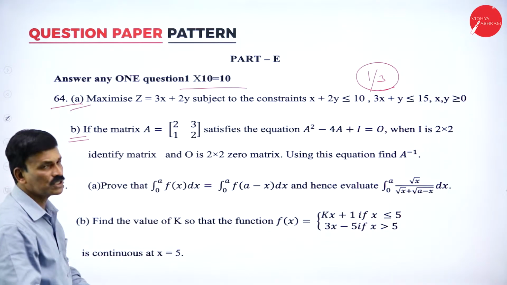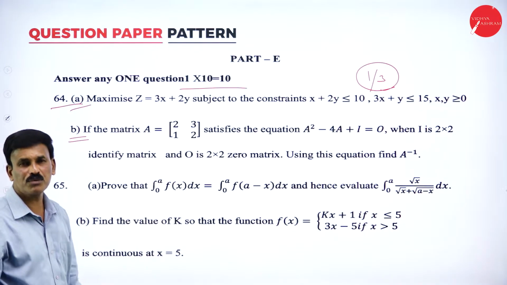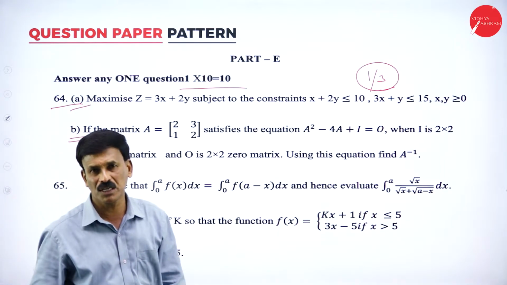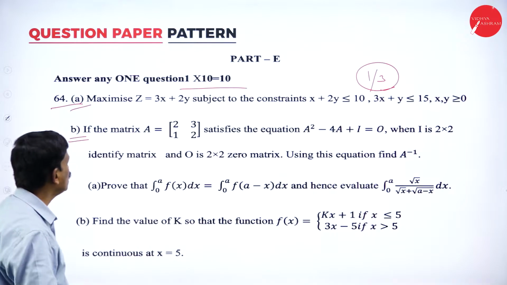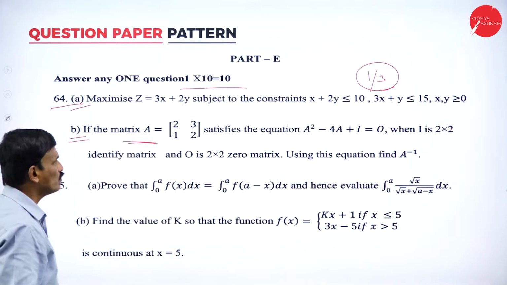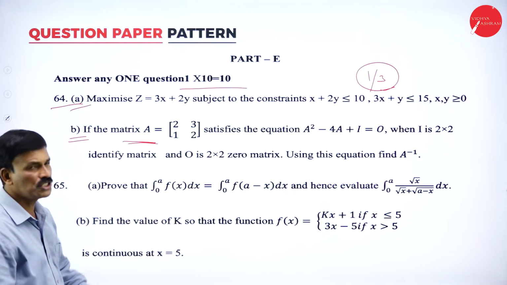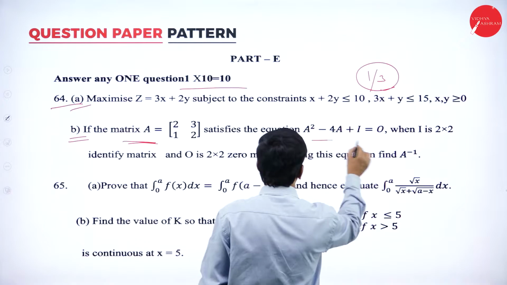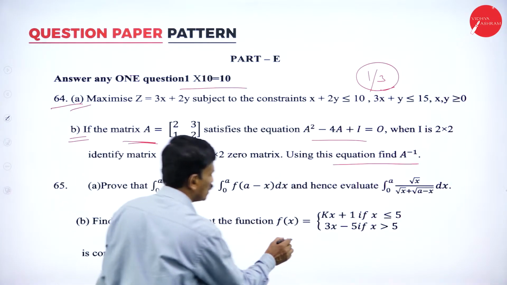The 6 marks question is from a linear programming problem, solving it using the graphical method, that is from LPP, and related to that you will get one 4-mark question either from matrices or from continuity. Here an equation is given and we have to find the inverse, otherwise you may expect this question also.